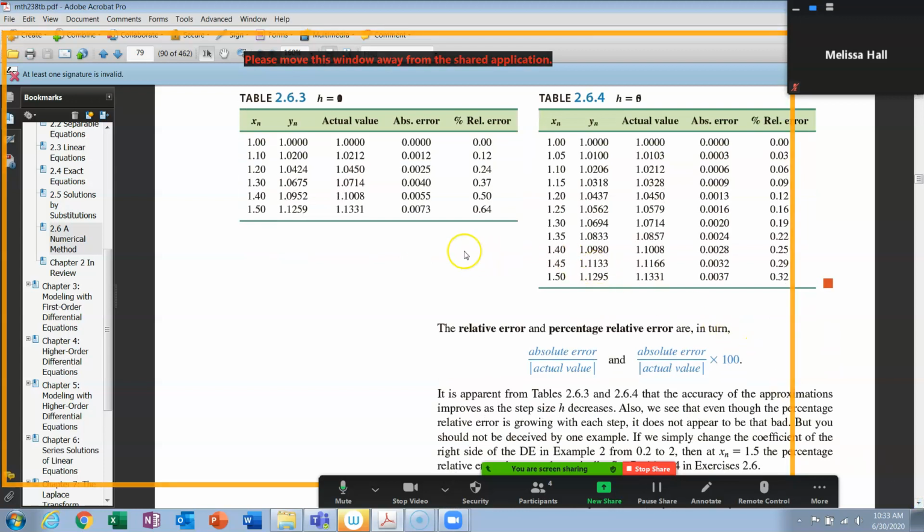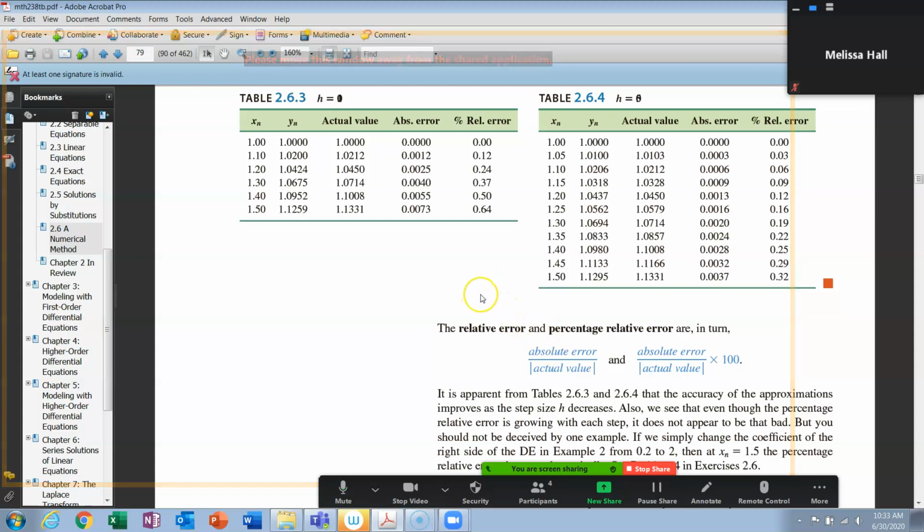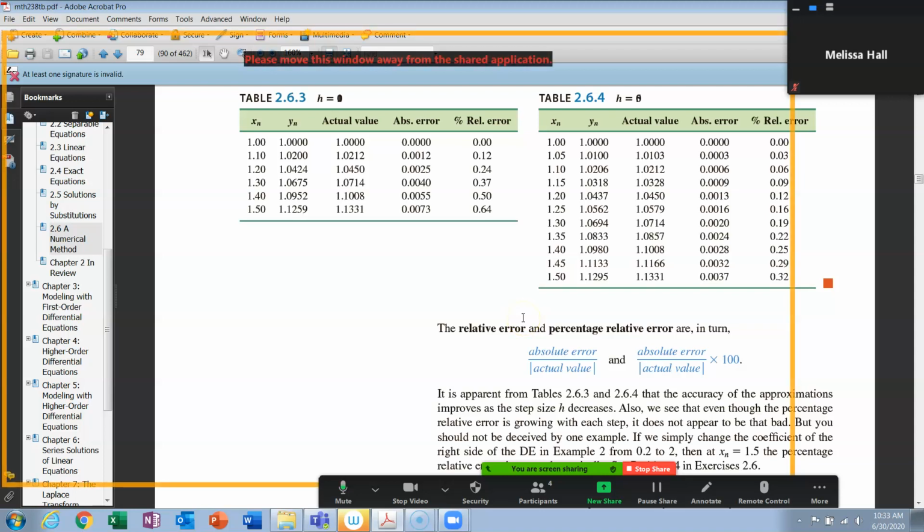The relative error is your absolute error, which is the actual, no, it should really be the measured minus the actual that is the error. But then you divide it by an absolute value anyway, so I think they put the absolute value in the wrong place. It should really be on top because the actual value is positive here.